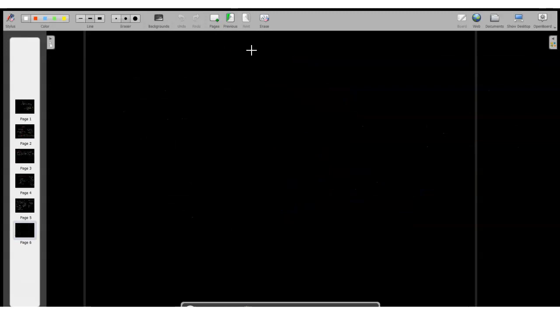Image formation in a periscope. So first of all, how does a periscope look? You see, it is somewhat like this.